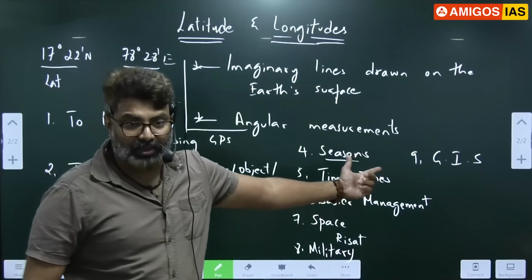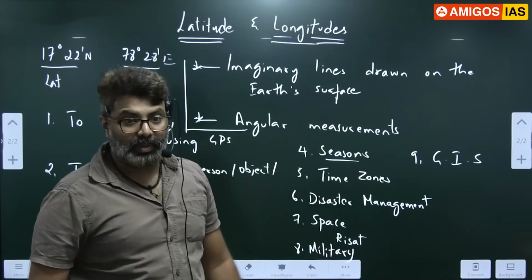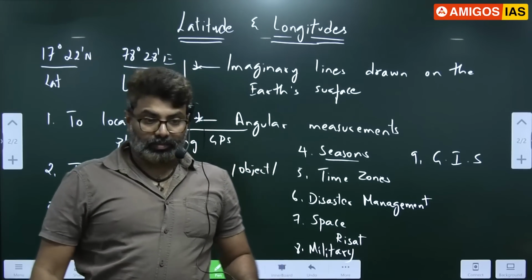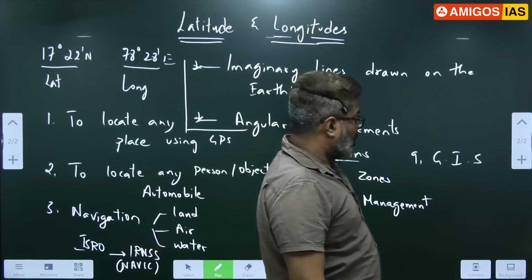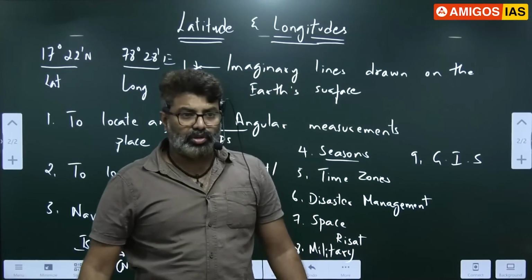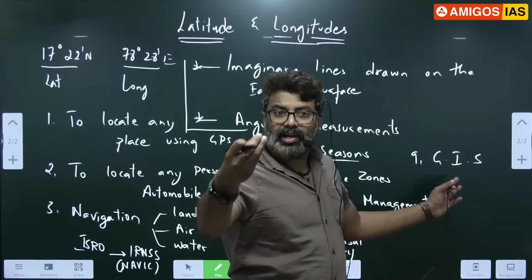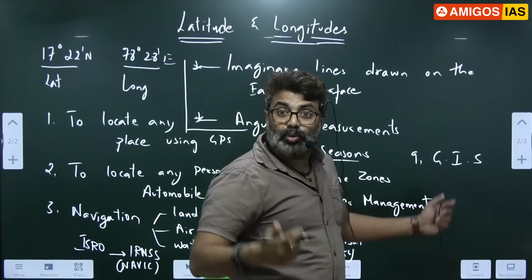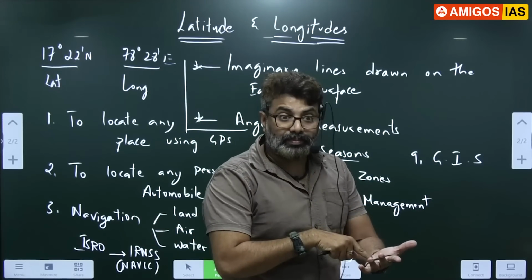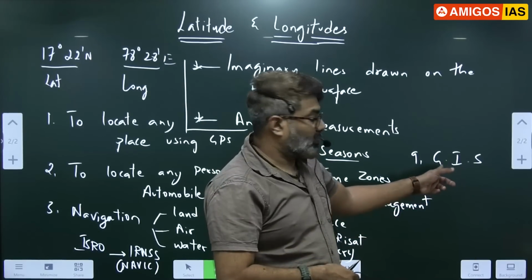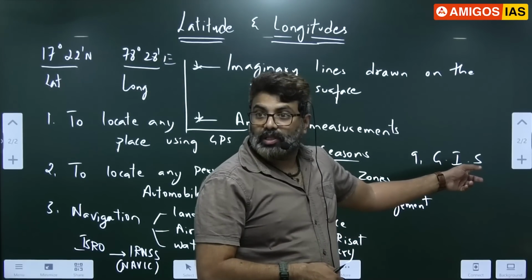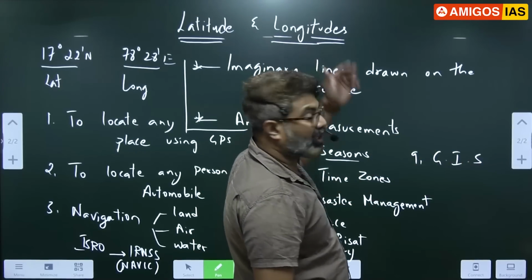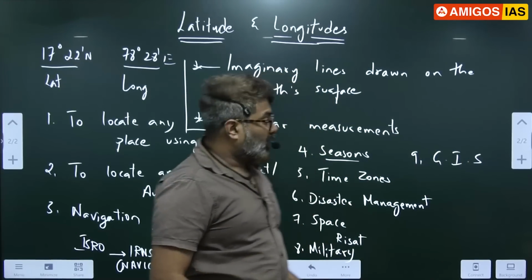Today, a lot of GIS applications are in use, related to land record, agriculture, crime, police, and many times you pay your electricity bill, water bill online. Correct, they all are connected now with GIS. So these are applications which are made possible using what? Latitude, longitude. Okay.